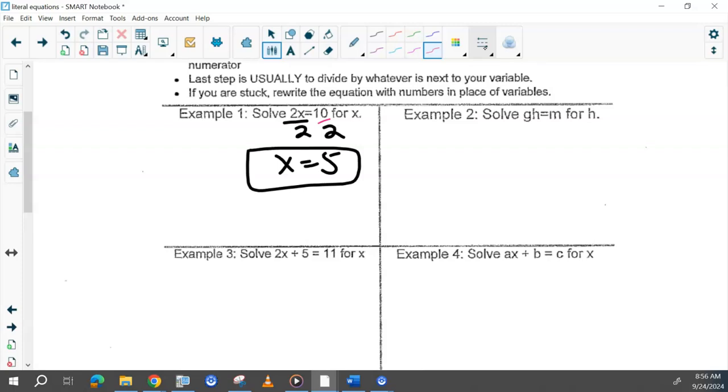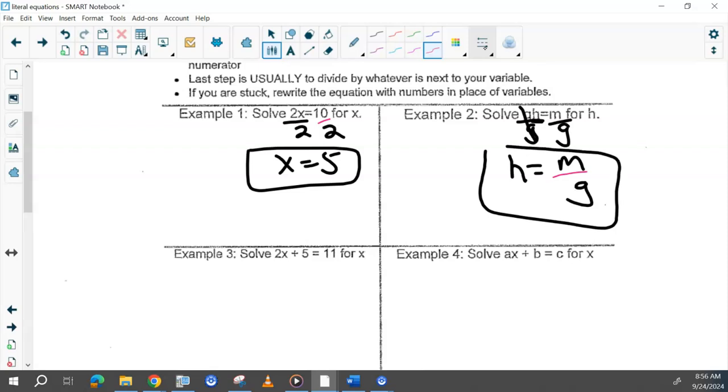Now, in example 2, I only have variables, but I'm trying to get h by itself. How would I do that? Divide both sides by g. So when I do that, the g's on this side cancel, and I'm left with h equals m divided by g.